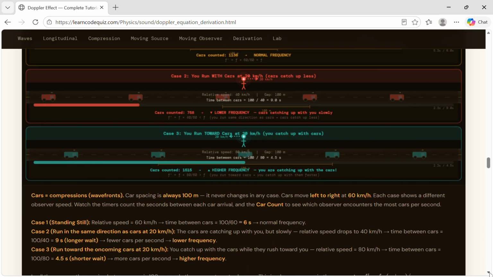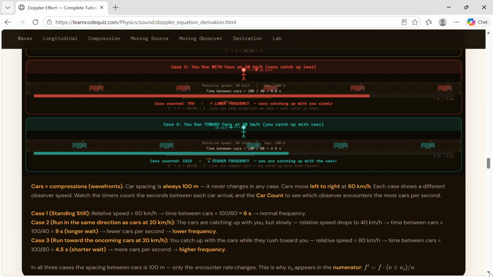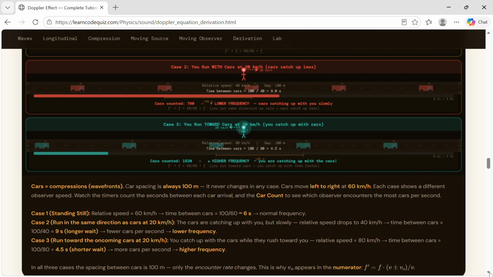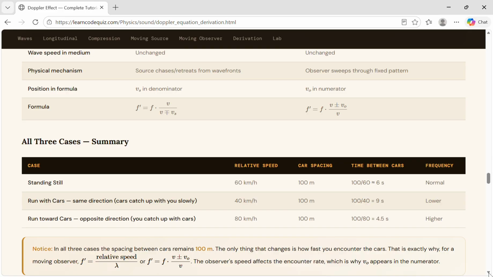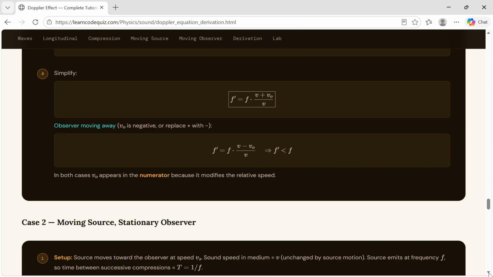So the frequency, number of cars per second, is going to be less, and therefore it's going to be V minus V naught in that case.